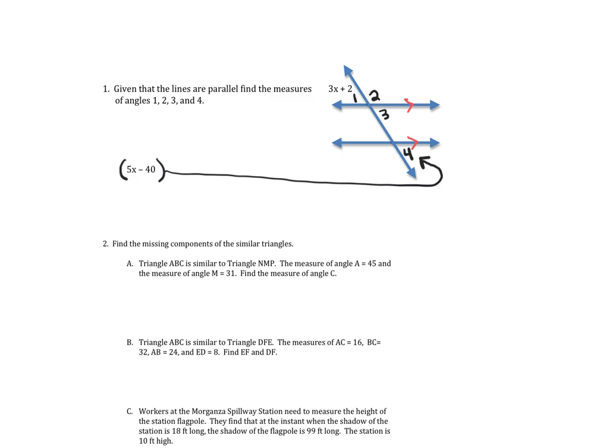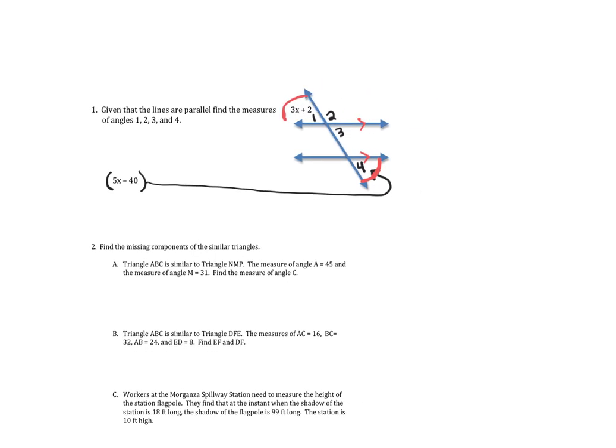We've got this angle 1 here on the outside, 3x plus 2. We've got angle 4 here on the outside. Those are alternate exterior angles, because one angle is on the left side of the transversal and the other is on the right side of the transversal. And so if I set them equal to each other, because they're going to be congruent, right?